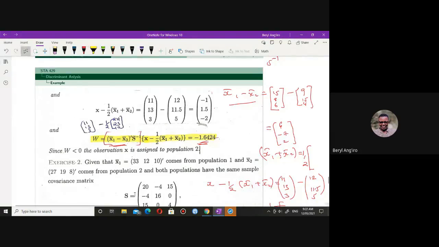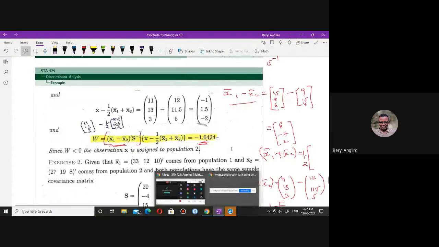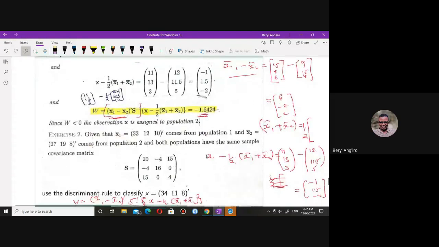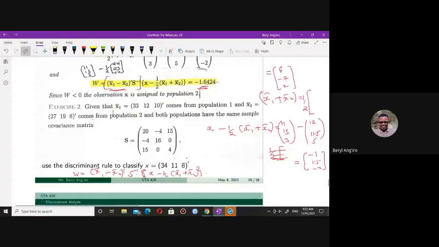There's some exercise on the same, unless there's a question. Do we have a question? Did you follow through the example? Yes. Okay. So there's an exercise on the same. Now we are given x bar 1 from population 1, x bar 2 from population 2, and the sample covariance matrix is given by this.